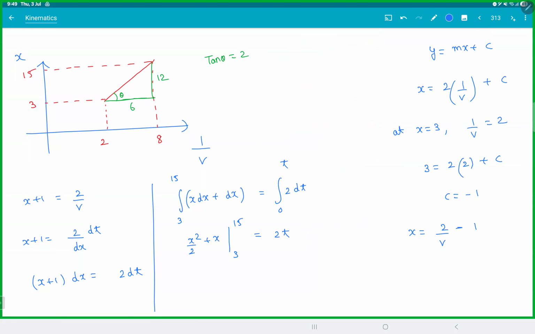Substitute 15 there. How much is that? 225 by 2 plus 15 minus 9 by 2 plus 3. This will be 225 minus 9 is 216. 216 by 2 will be 108 minus 12.